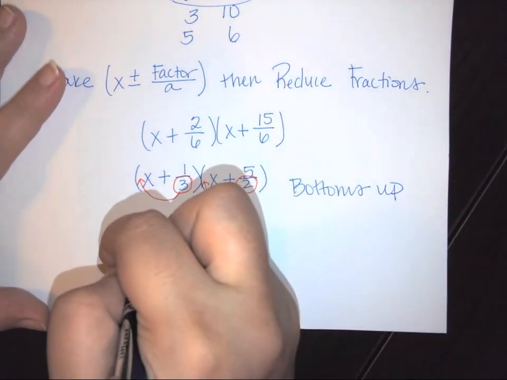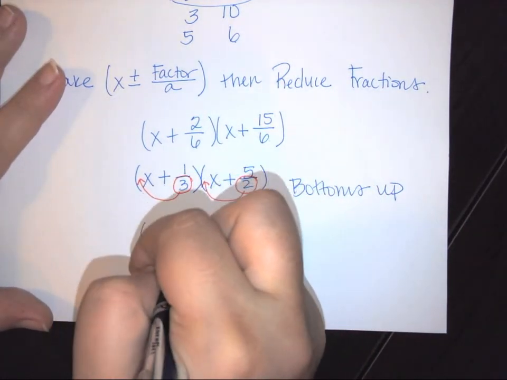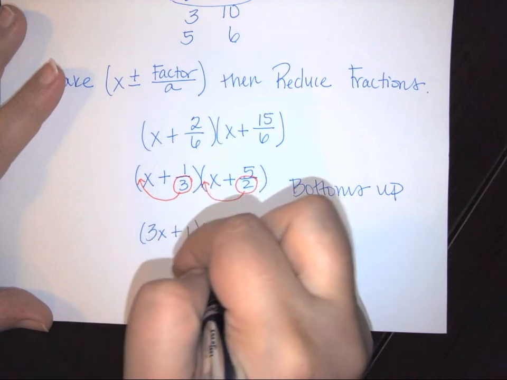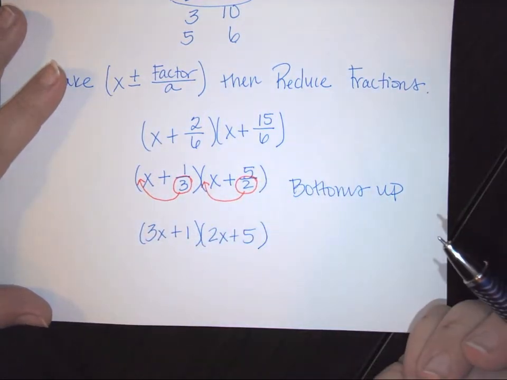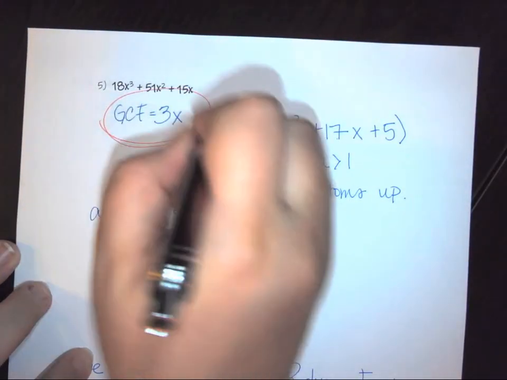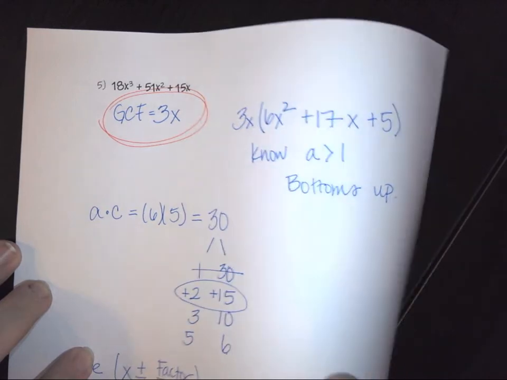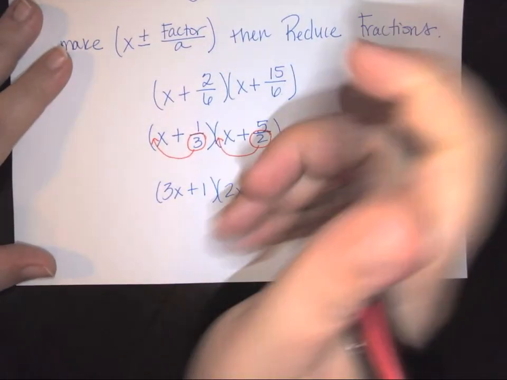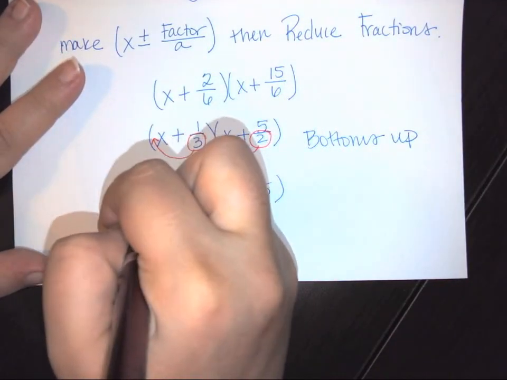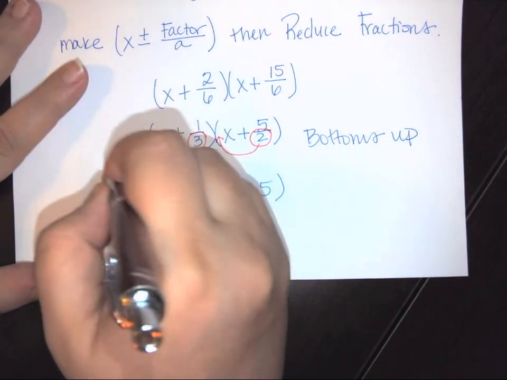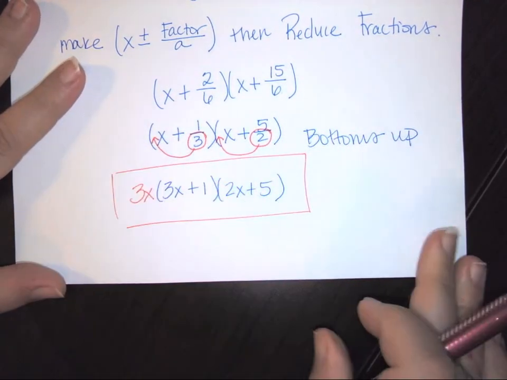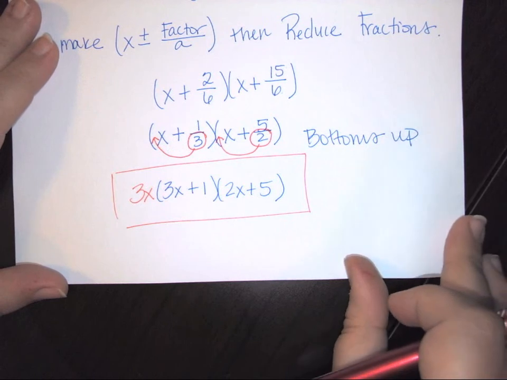Thus, making these the factors of 3x plus 1 times 2x plus 5. Again, we had a greatest common factor in the beginning. Remember our good old GCF of 3x. And so here we have to put this down out in front. So here, this is going to be our factored terms.